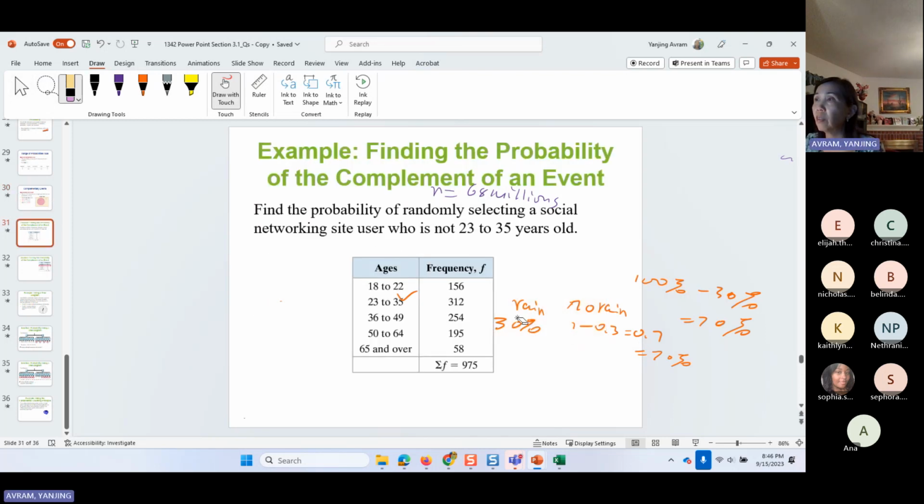This one cannot stay that way. Let me erase. All right.